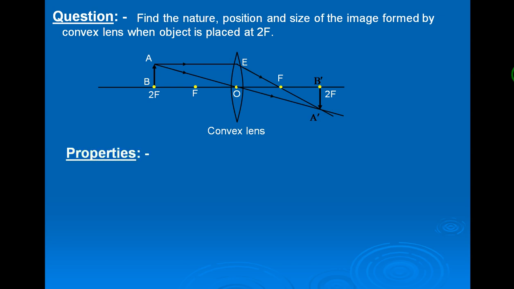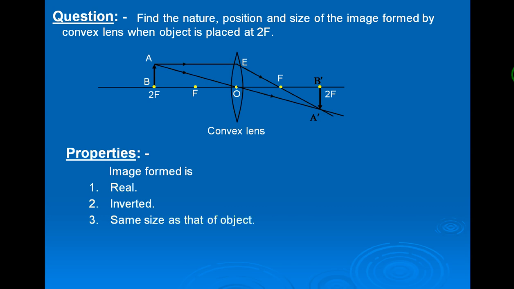Now properties. The image formed is number 1, real, number 2, inverted, number 3, same size as that of the object. The size of the image is equal to the size of the object.